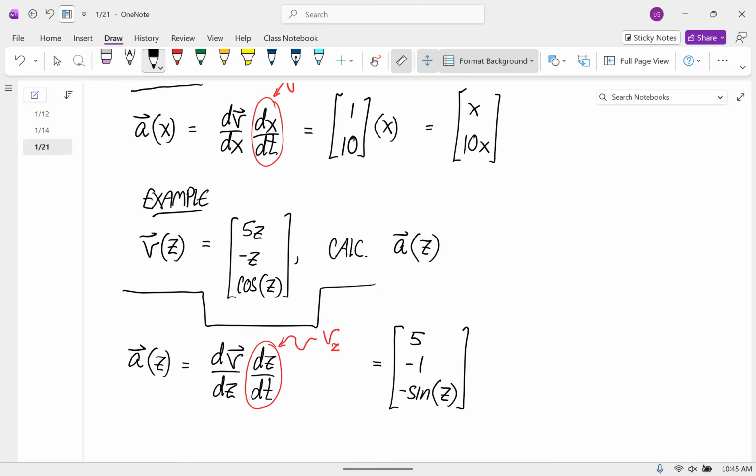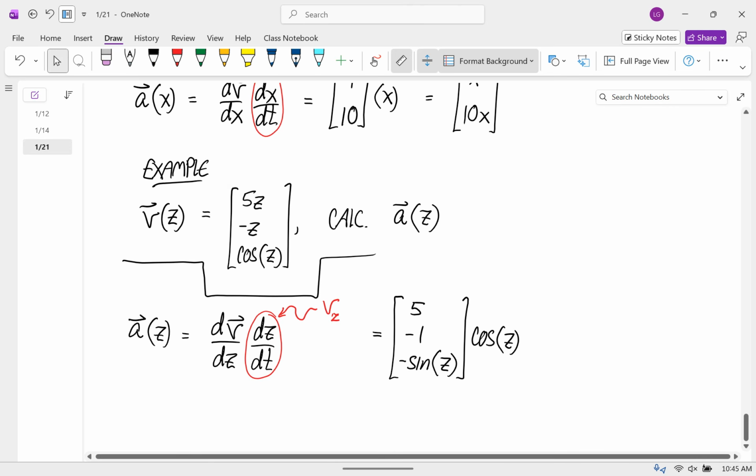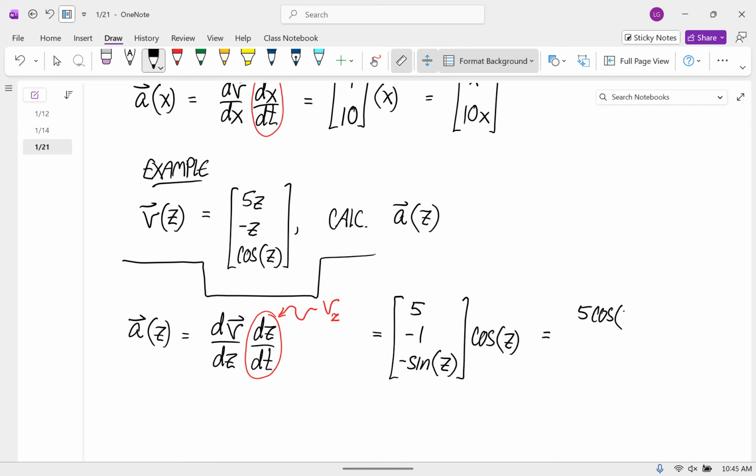The z component of the velocity is cosine of z. And so the acceleration vector is ⟨5 times the cosine of z, negative cosine of z, negative sine of z times cosine of z⟩.